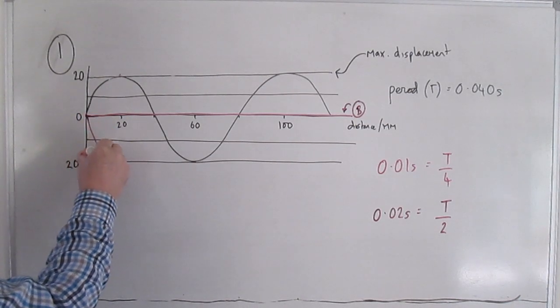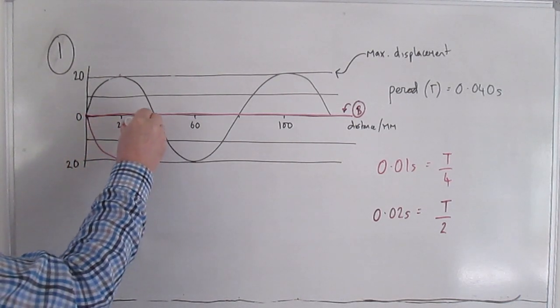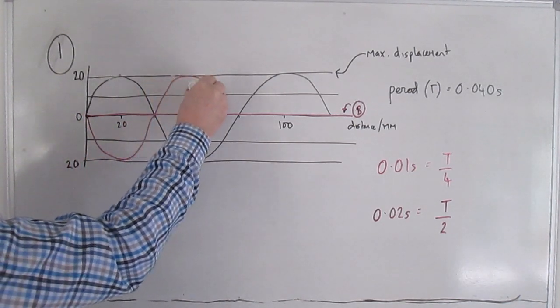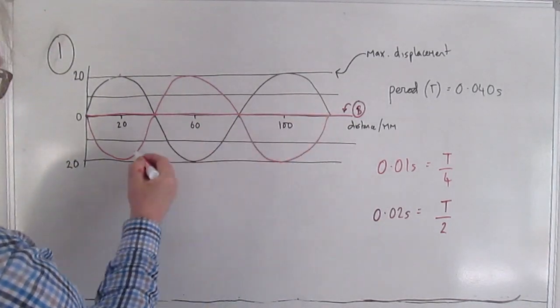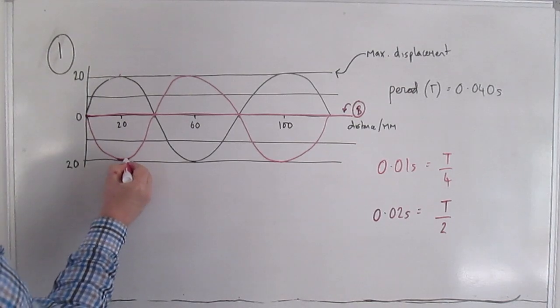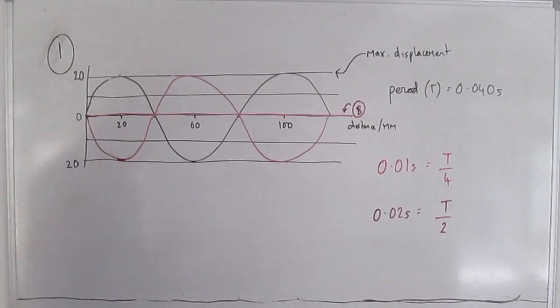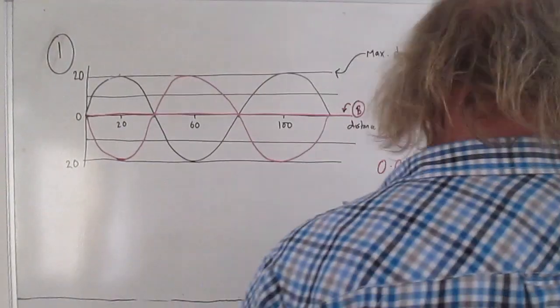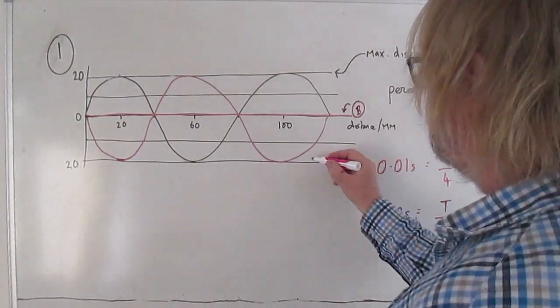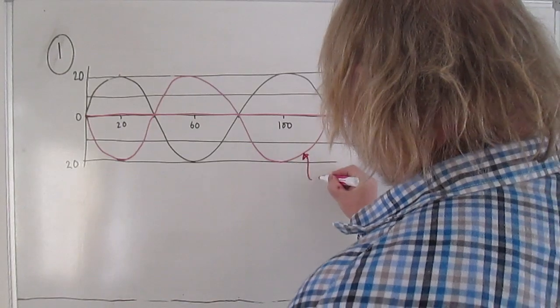So it's going to look like this. Oh, I can't draw very well. Okay, that one should obviously come all the way down to there. Right, so that's our wave after half a time period. So we're going to label that one curve C.